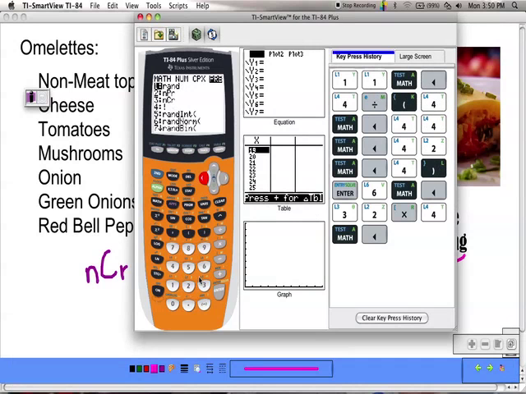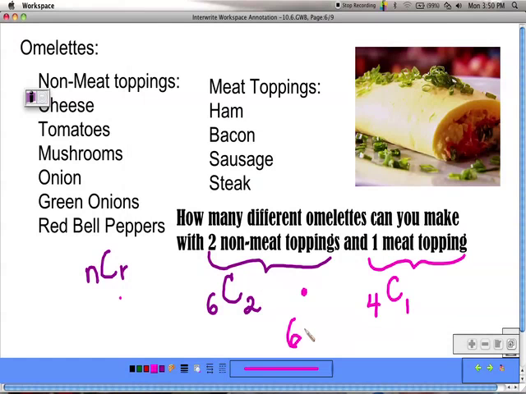And we have combination again, so nCr, and we're choosing 1. All right, so there's 60 different types of omelets we can make. Okay, so this is a combination when order doesn't matter, 60 omelets.